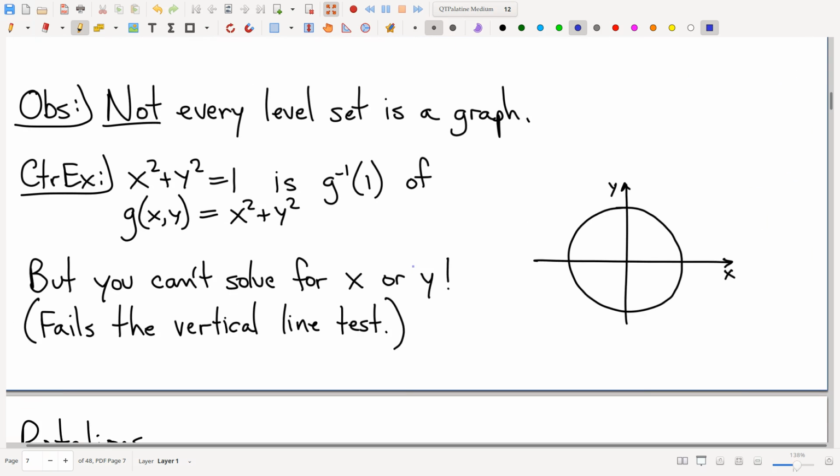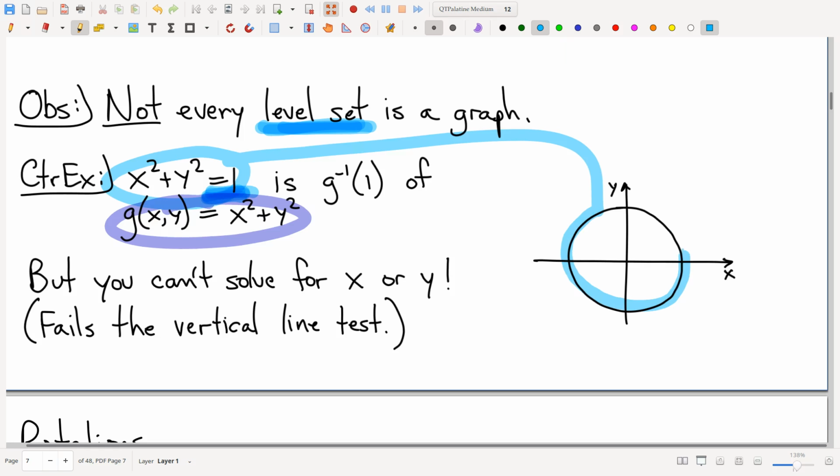So here is a tragic example. Here is a function of which we are looking at a level set. Right? There's a level set. And you can see that this level set is this circle. Can I view that as being a graph?